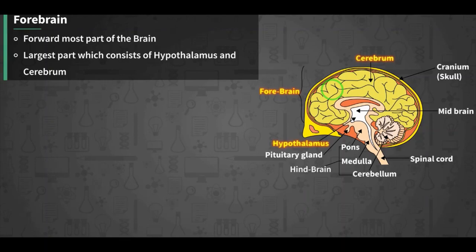Then what are the two cerebral hemispheres? The right cerebral hemisphere and the left cerebral hemisphere. Each cerebral hemisphere is divisible into lobes: the frontal lobe, parietal lobe, temporal lobe, and occipital lobe.